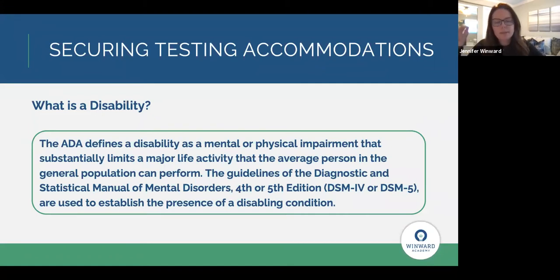If you keep in your head that your burden is to show that, per the Americans with Disabilities Act, the ADA, there is some sort of mental or physical impairment producing a substantial limitation, and that if these accommodations are not provided, there's an issue of equal access, then you can come back to this law. That is how you can guarantee that you can get these accommodations.